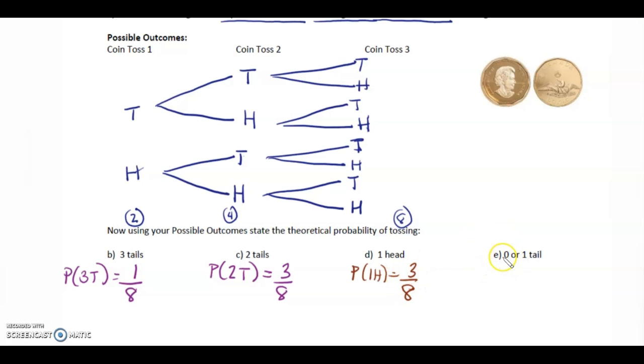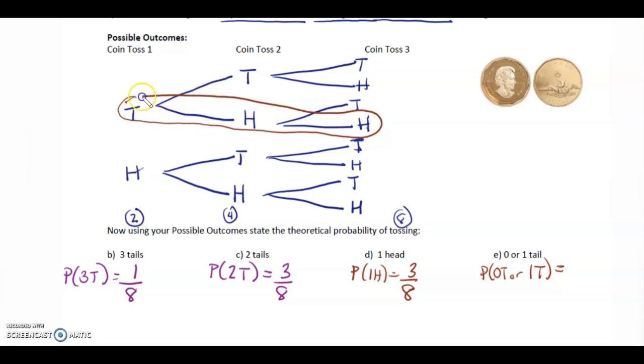Okay, and then what's the probability of 0 tails or 1 tail? Okay, so 0 tails or 1 tail. So tails, tails, tails doesn't work. Tails, tails, anything doesn't work. Okay, so tails, heads, heads would be 1 tail. Tails, heads, tails would be 2, so that doesn't work. Okay, so 0 tail or 1 tail.